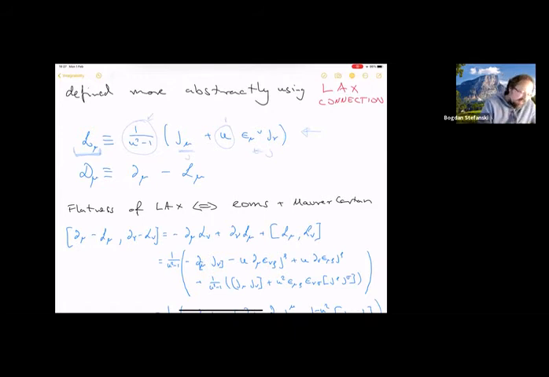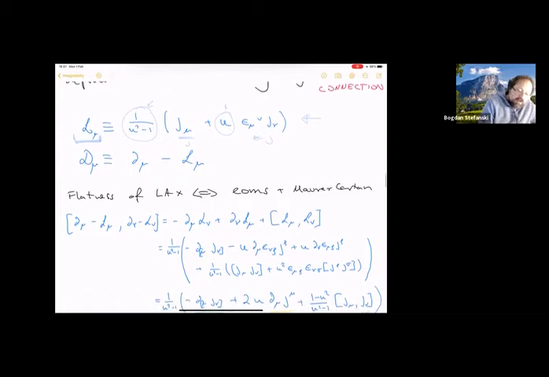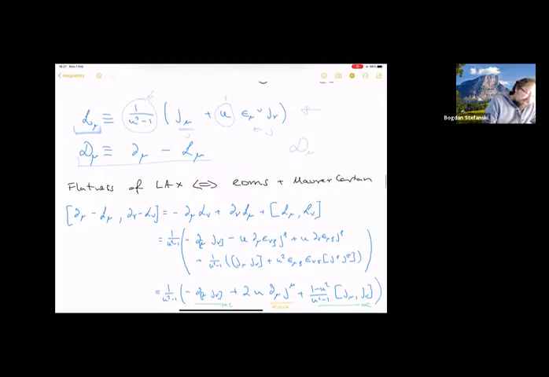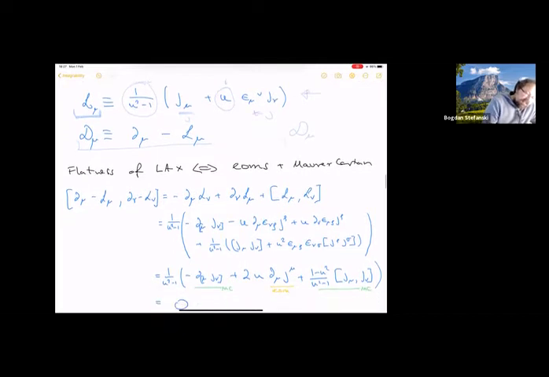But let's just take these factors as they're given. And why do we want them to be like this? Well, when you do this, you can define this kind of Lax covariant derivative, which I'm going to call curly D. And what's nice about this is that this Lax connection is flat.